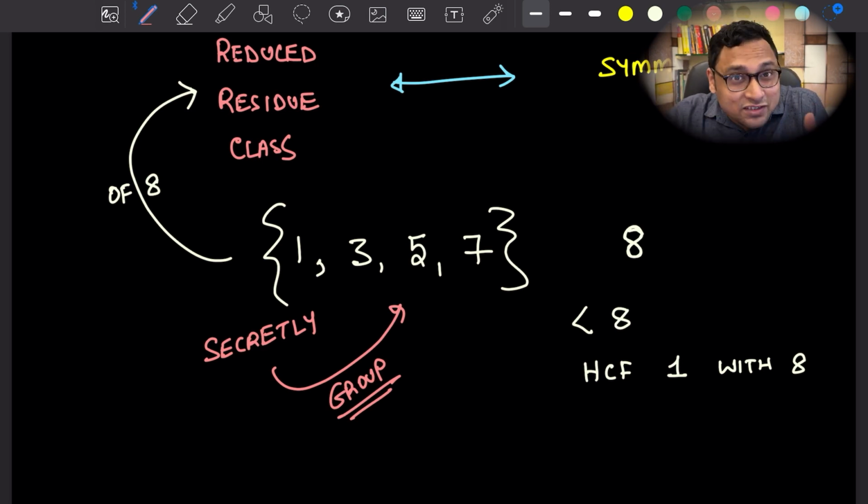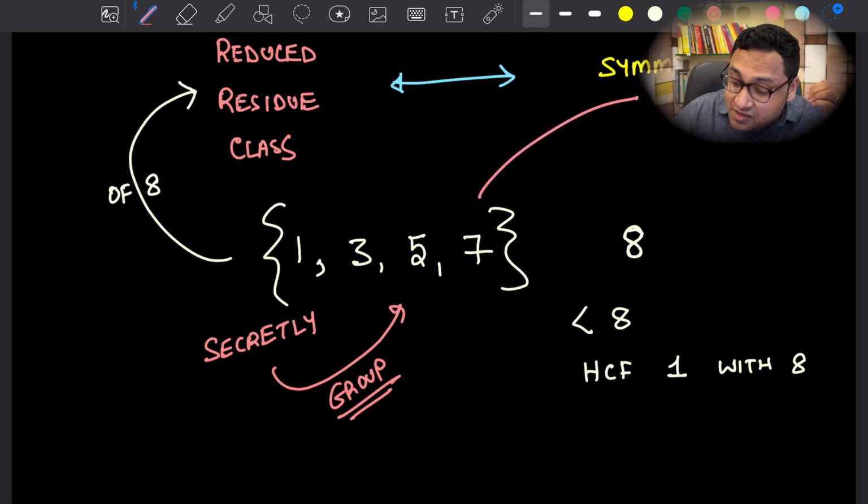Maybe one day I'll tell you more about that. So secretly, this set is a group. And this particular group is very important because it also represents symmetries. So I will not explain what a group is today, but I will explain what symmetry is.